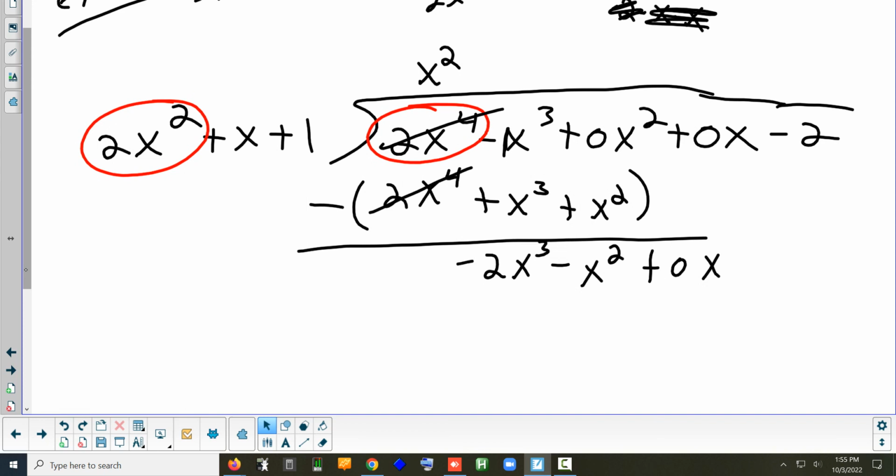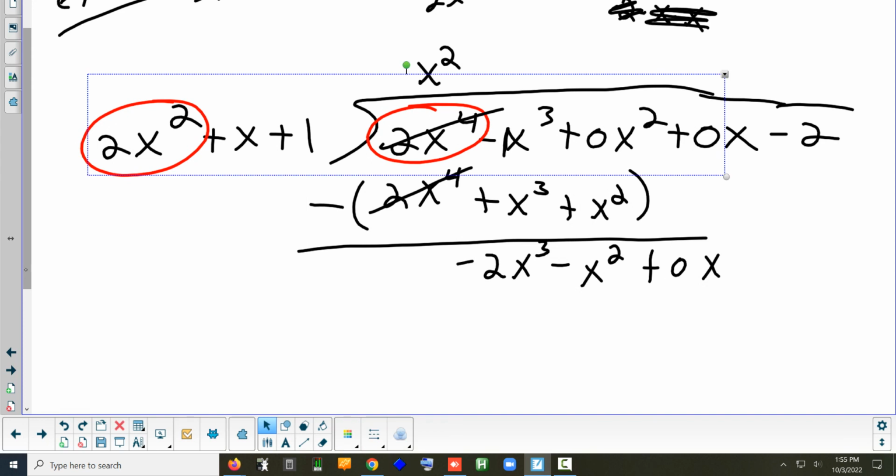So Jackson, for our next step, we're going to divide 2x squared into negative 2x cubed. So off to the side, that's what we're doing. Can you tell me what you get when you do that? Negative x. Good. Negative x.